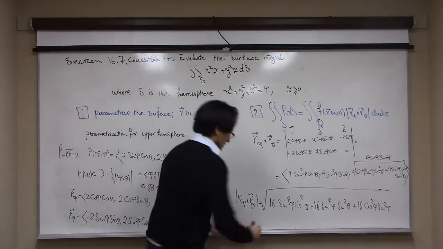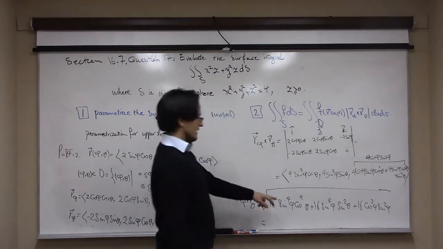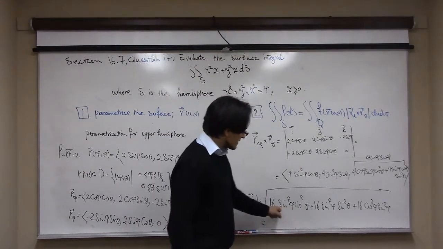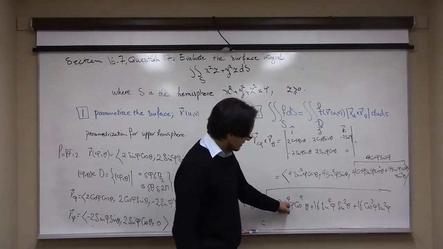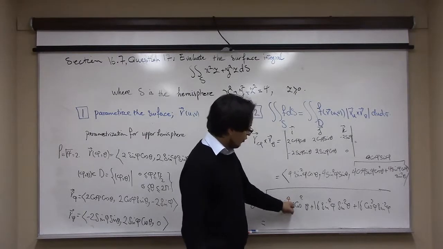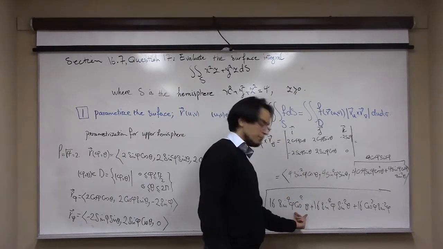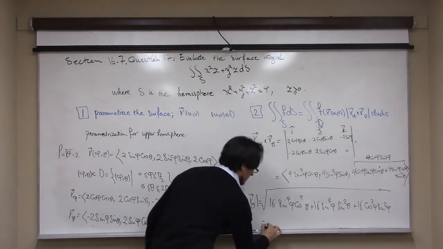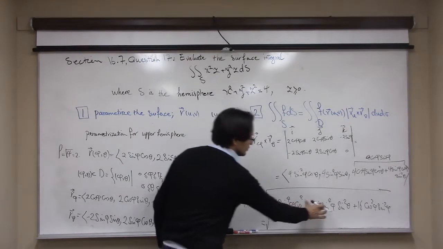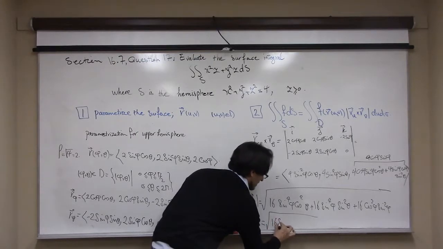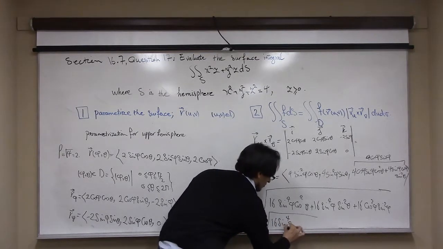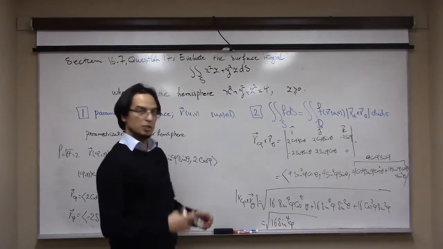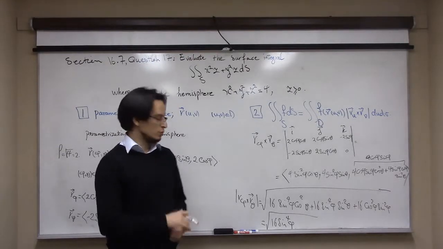Okay. There is a simplification here you can do. Factor out 16 sine to the power 4 of phi from these two. The remaining part would be cosine squared plus sine squared. So the first two terms will give us 16 sine to the power 4 phi. Sine squared plus cosine squared is equal to 1.